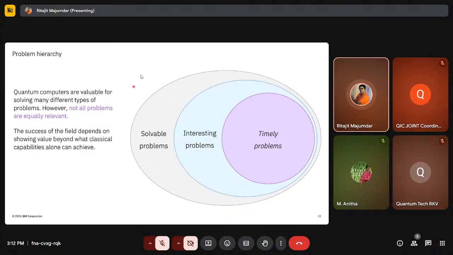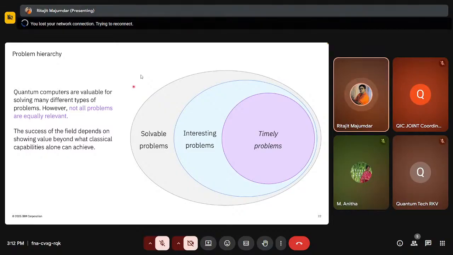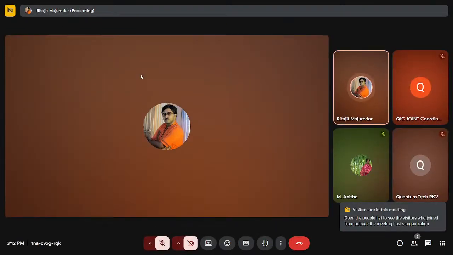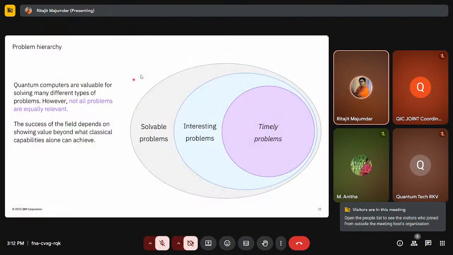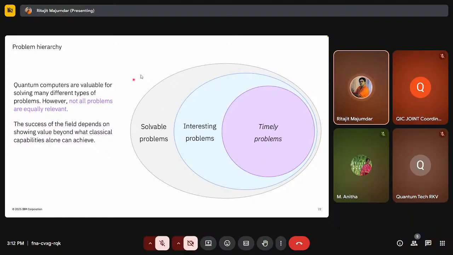No. Because classically there are already very powerful sorting algorithms. So if you come up with a quantum sorting algorithm, perhaps that's not very interesting. Nobody stops you if you want to do that, but your research is not going anywhere if you do this kind of thing. Now let's come to a setup.